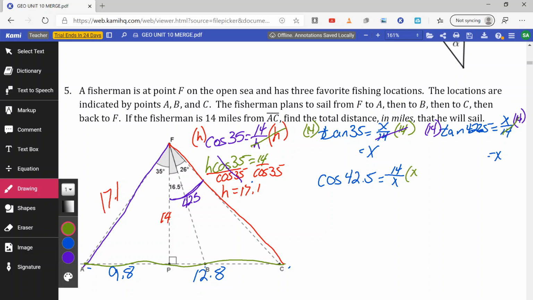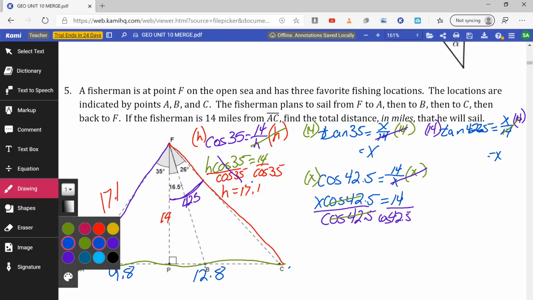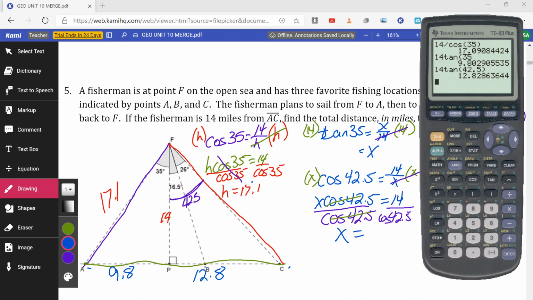So we'll multiply both sides by x, which will cancel it out. So we have x times cosine of 42.5 is equal to 14. To get x by its lonesome, we'll divide by cosine 42.5. It will cancel out on the side with x, leaving us with just x, and then we'll divide 14 by cosine of 42.5.